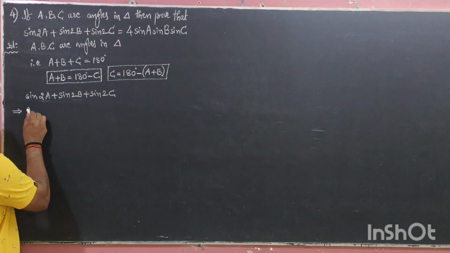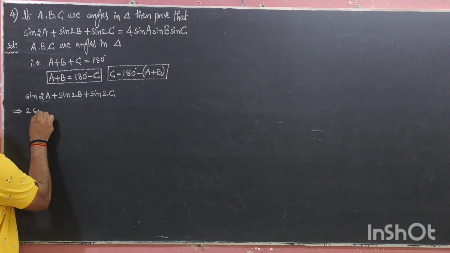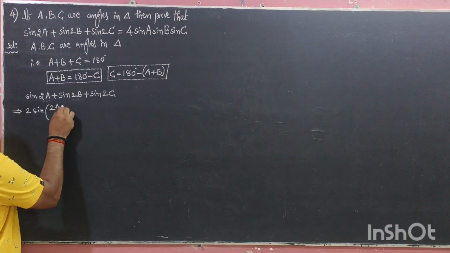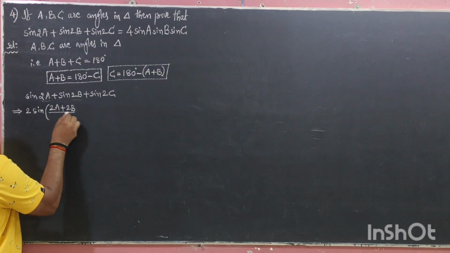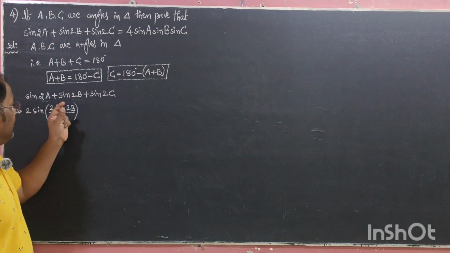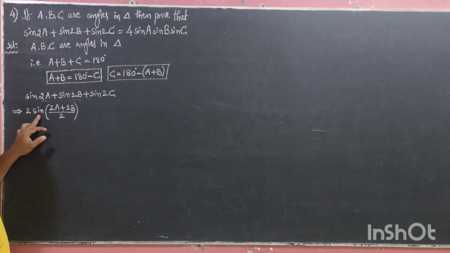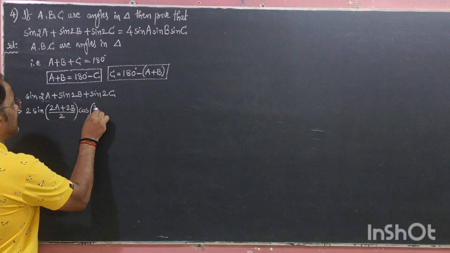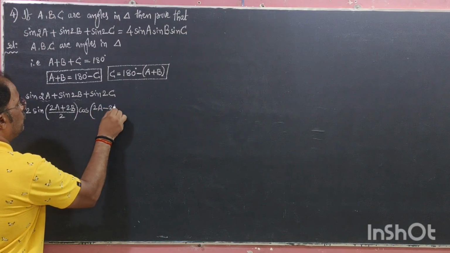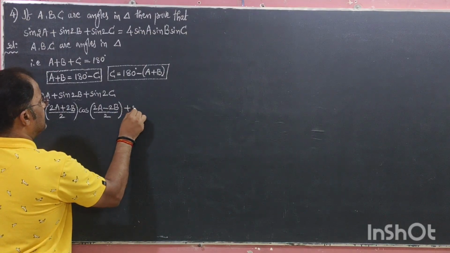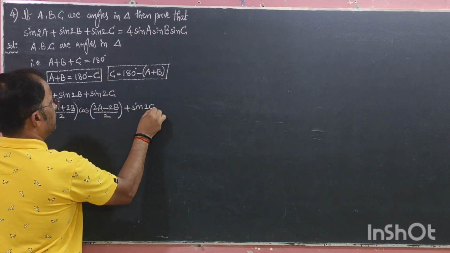Sin C plus sin D means 2 sin of (C plus D) by 2 into cos of (C minus D) by 2. Here C value is 2A and D value is 2B, and the third term stays as it is, sin 2C.